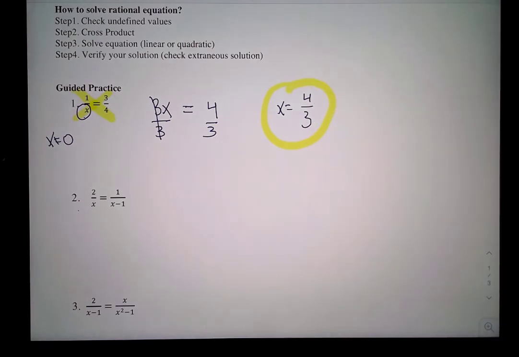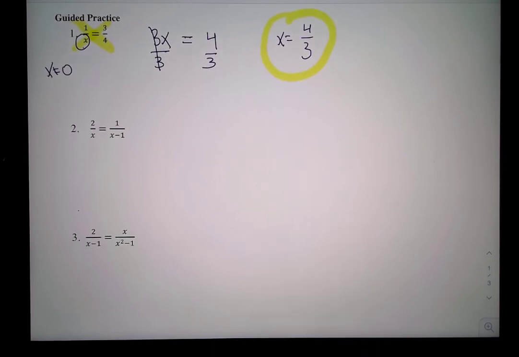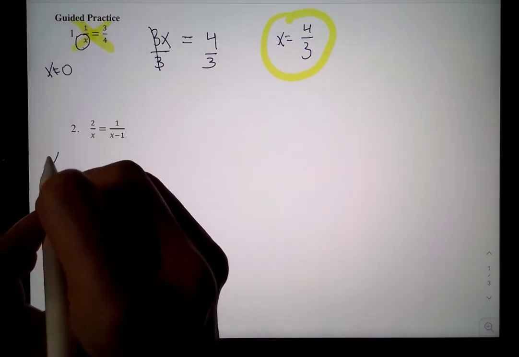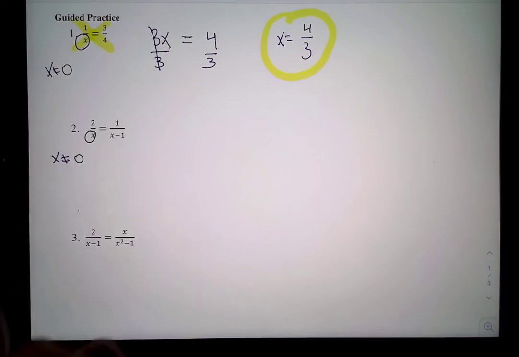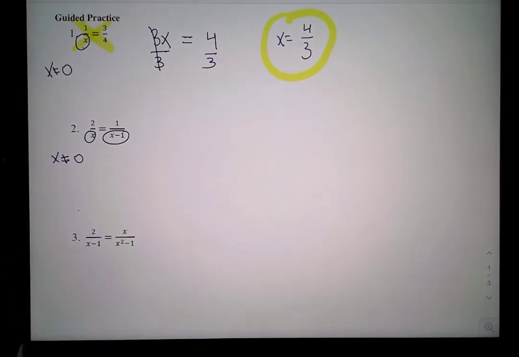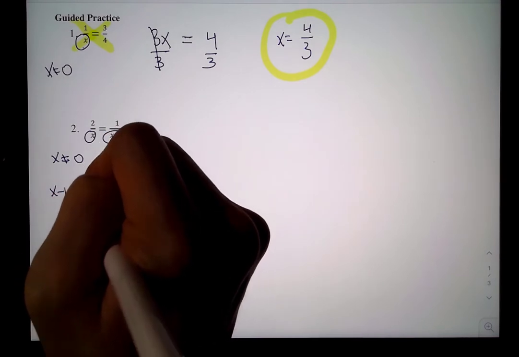Alright? So let's move on to the next one. So what do we do first? You figure out the undefined value. So just take your denominator, x, from the first one, that is not 0, right? And you take the denominator from the second fraction, which is x minus 1, that is not 0.